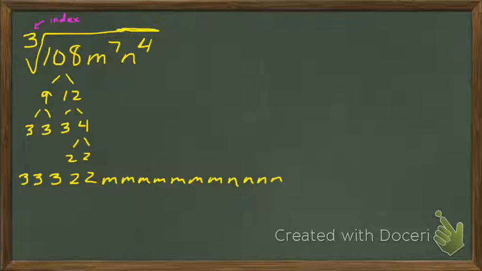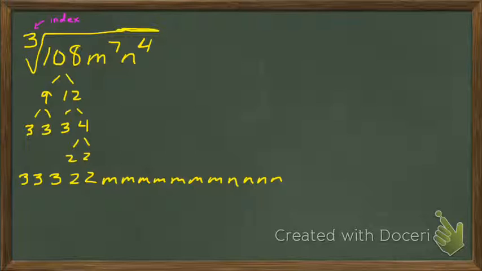Two isn't good enough. Whatever the index is, you have to have that many to move it out. If the index is 8, if we're taking the 8th root of something, you have to have 8 of it to move it out. So in this case, we can't circle it unless it's a triplet. There's got to be 3.